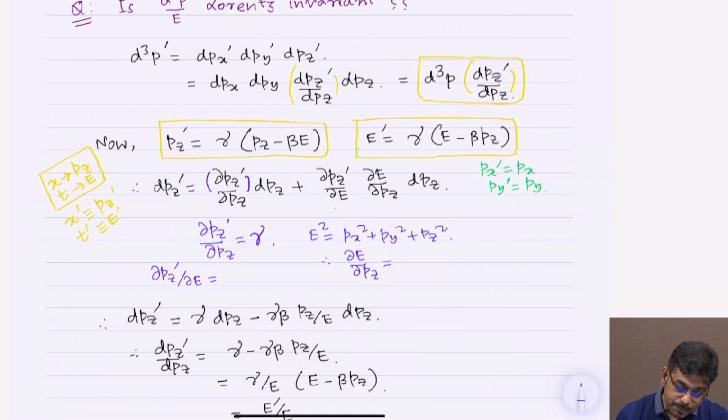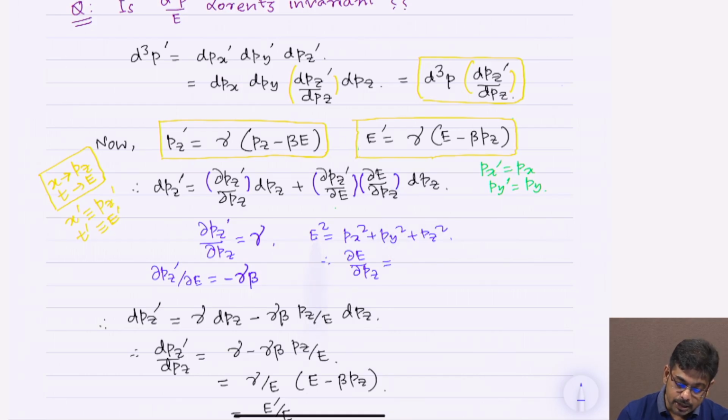Now, what is del pz prime by del E? This factor that we actually wrote. So, this is also straightforward, this is nothing but minus gamma beta, correct. Now, there is another factor that we have to calculate, which is del E del pz.